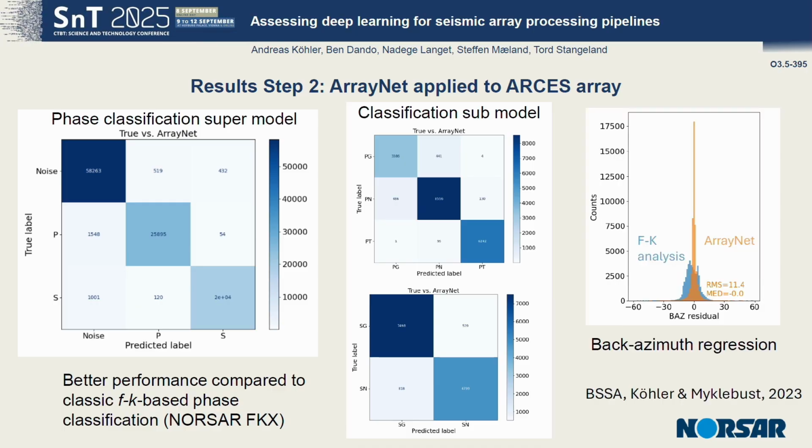And most importantly, when you look at the back-azimuth residual obtained from classic array processing using FK analysis and this new method, ArrayNet, you see that we have a lower spread, so lower residuals, and we also remove a bias in the azimuth, which comes from systematic deviations of the back-azimuth with respect to the true source. So those are encouraging results, and we also have a paper introducing this method out.